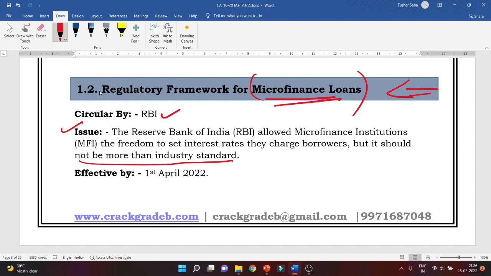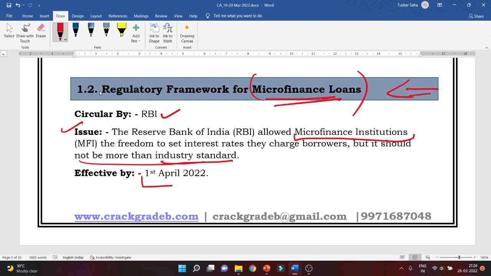Initially they were given a few rules and regulations to follow in charging interest, but now they have a free hand to decide their own interest rate, but it cannot be arbitrary. All of a sudden they cannot charge 20%, 25%. It should match the industry standard.